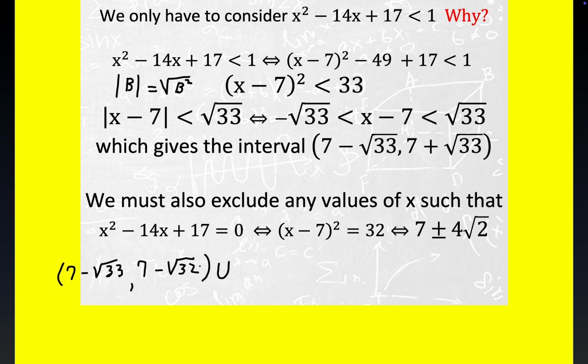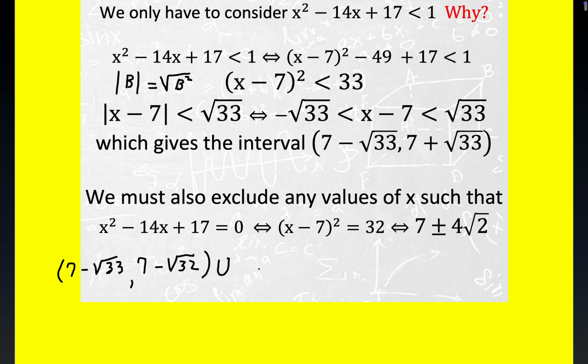Remember, these are just sets of numbers, folks, sets of real values. And the parentheses mean you exclude. Okay, and so we start with 7 minus root 32 again. And this time we're going to run into this endpoint right here, 7 plus root 33.